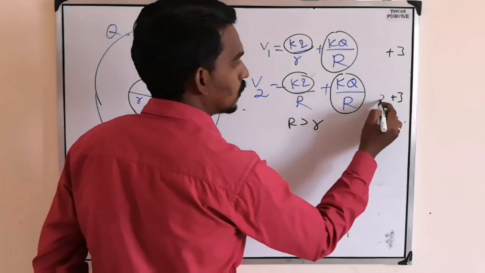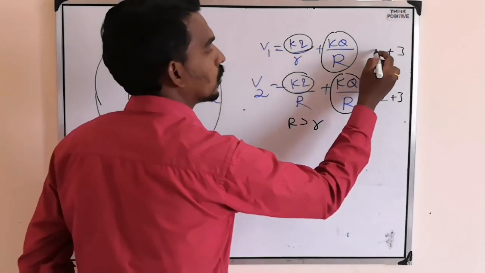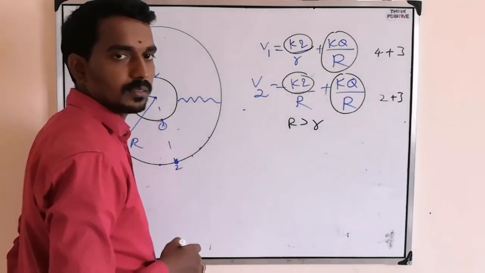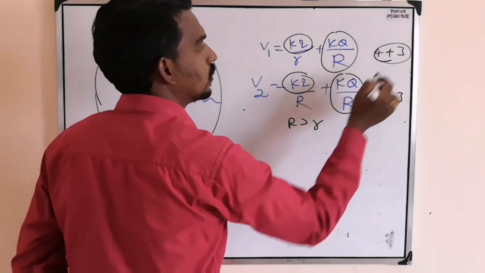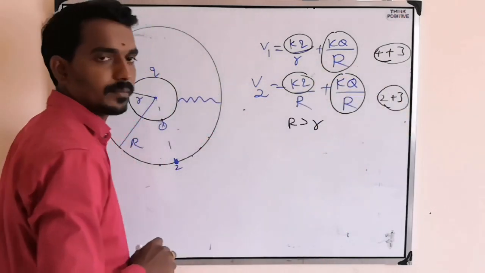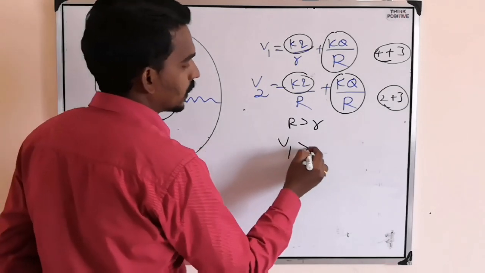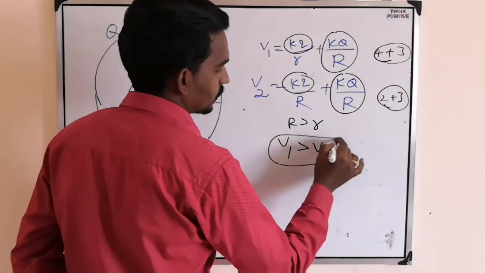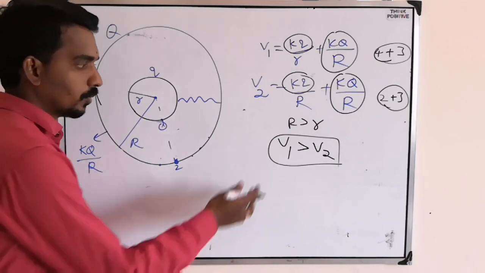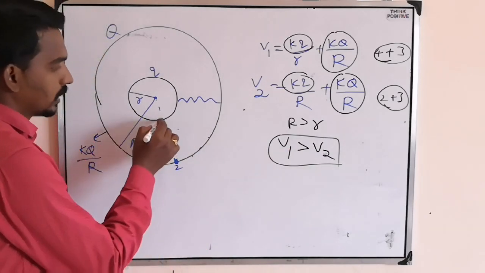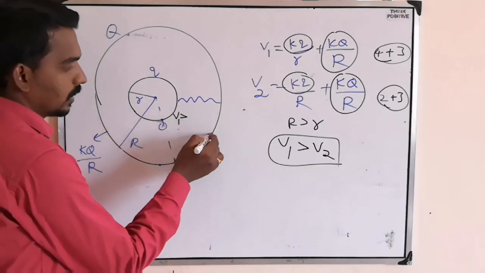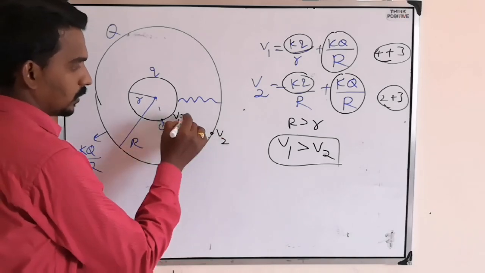But this is 2, then this will be more than this, 3 or 4 something. So here the value is more than this one, so that V1 is greater than V2. V1 greater than V2 means here the potential is greater than V2.